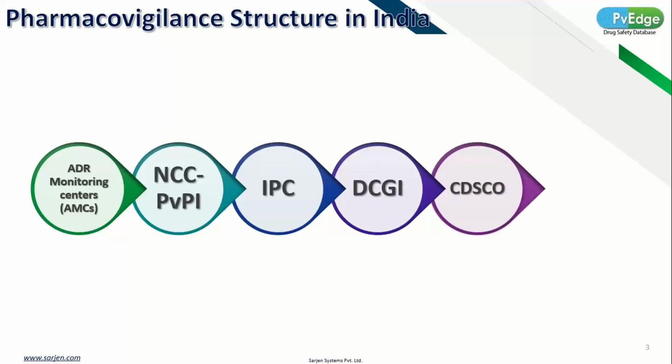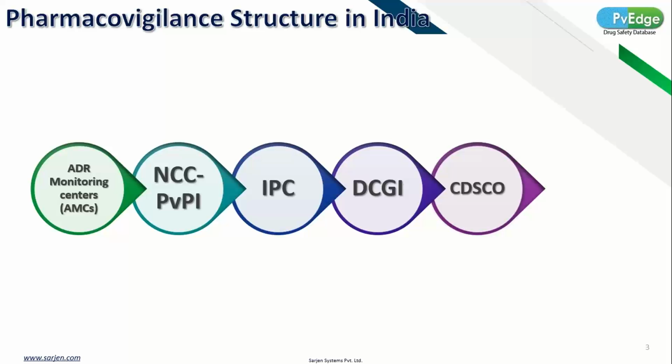So the final authority is CDSCO, as we are all aware, the Central Drug Standard Control Organization, which is mainly responsible for overall recording, analysis, and evaluation of safety data of all the products which are approved in India. Currently, the various pharma companies are marketing. So whoever is the MAH and service provider, they are submitting their respective output reports to the corresponding authorities like NCC, PvPI and DCGI.